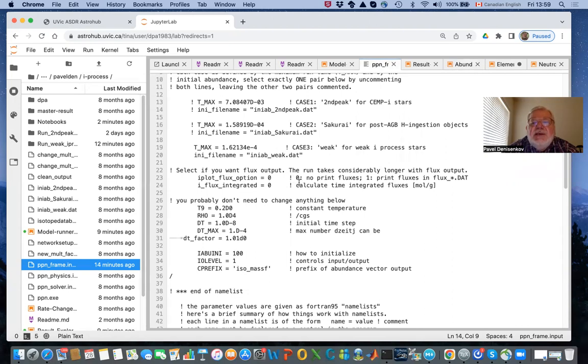It explains here. 0 means no print fluxes. 1 means print fluxes. So if I now change it from 0 to 1 and repeat my computations in the first notebook, model runner notebook, then computations will be done with reaction rate fluxes in the output. It takes a little bit longer time, not much, a few minutes, but then we can plot reaction rate fluxes in the third additional notebook.